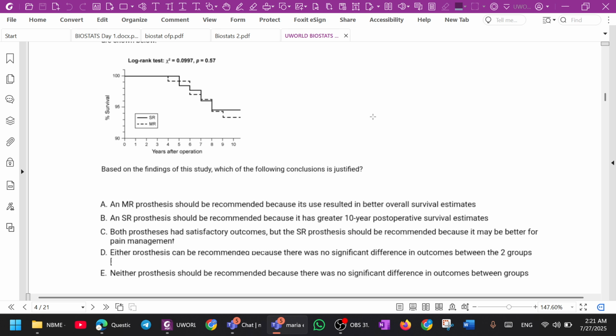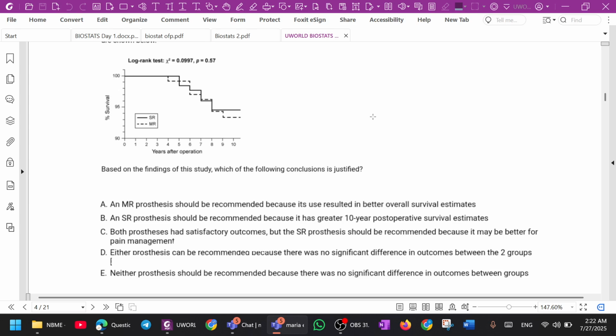Both prostheses had a satisfactory outcome, but the SR prosthesis should be recommended because it may be better for pain management. Remember what we read here: the study reports that health survey scores were all significantly improved in both groups at the final follow-up visit, so both groups were happy at the end, and this is statistically significant.